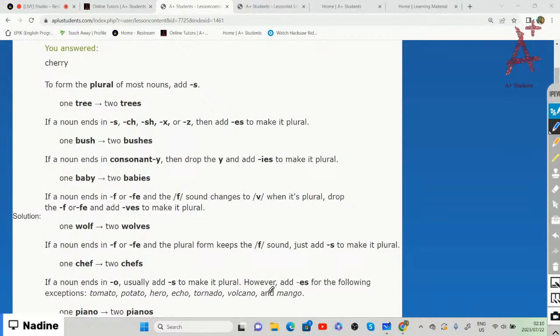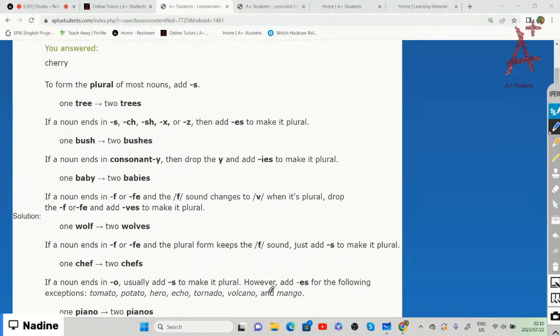But now, if a noun ends in either an f, like wolf, or if the noun ends in an fe, and the f sound changes to v when it is plural, you need to drop the f or the fe and add ves to make it plural, right?